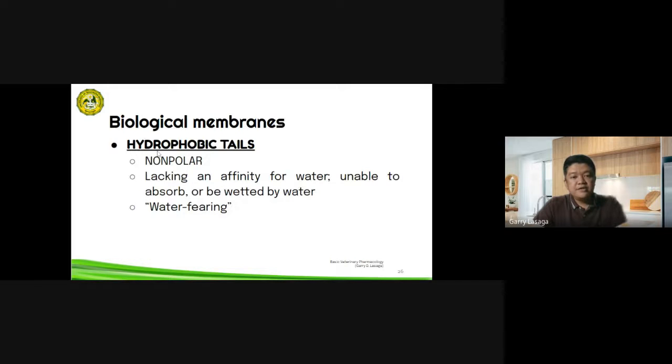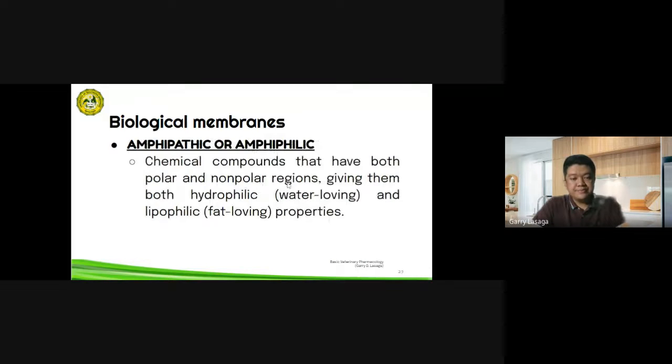We also have the hydrophobic tails. This is the nonpolar group of the biological membrane. From the word hydro, water, and phobic, meaning fear, they are water-fearing, so they lack affinity for water, and they are unable to be wetted by water, or they are not water-soluble. We also have the term amphipathic or amphiphilic.